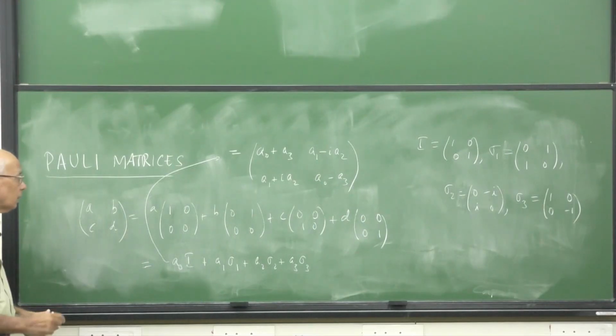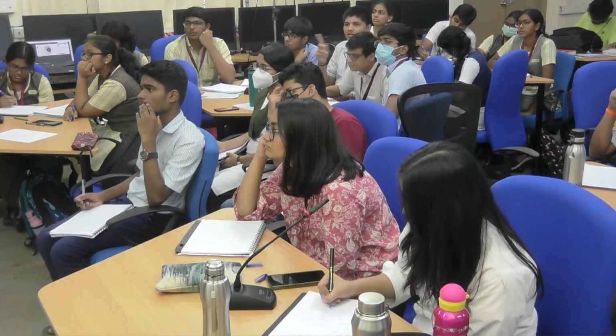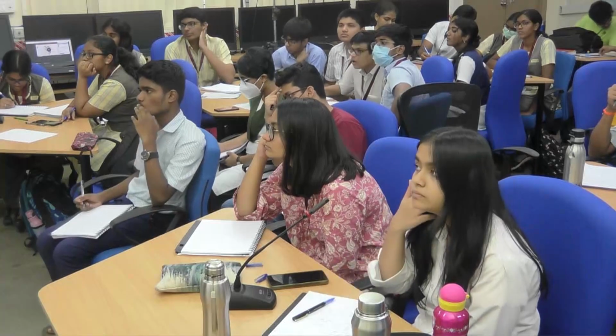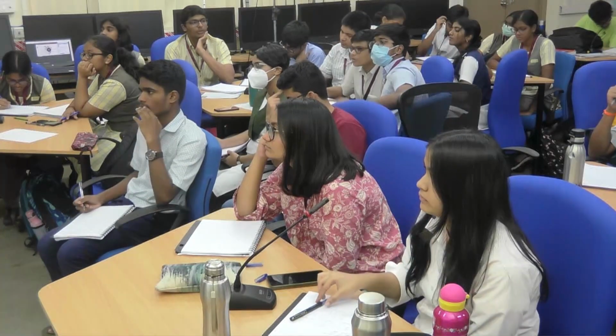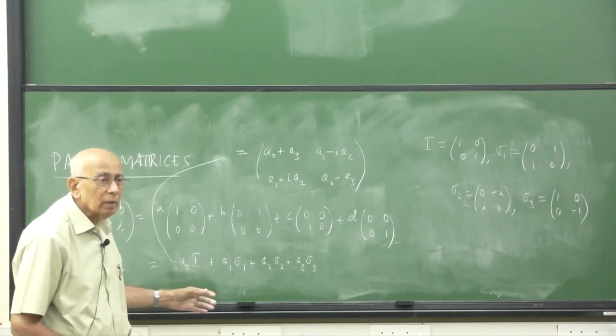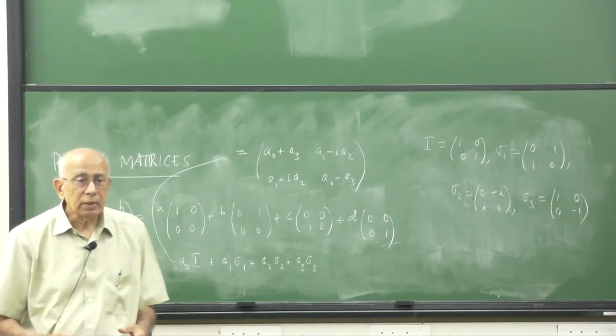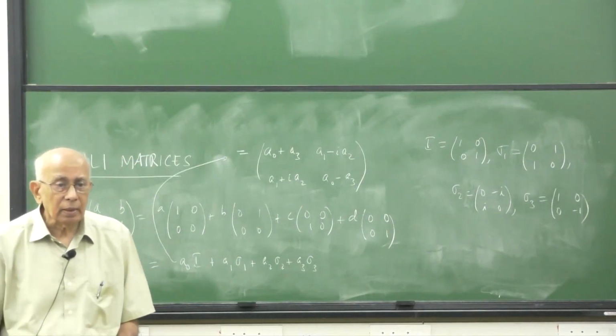So what are the equations that make 2 matrices equal? When are 2 matrices equal? When each element of the first is the corresponding element of the second. Because I'm writing the same matrix in 2 different bases. It's the same vector, same element.